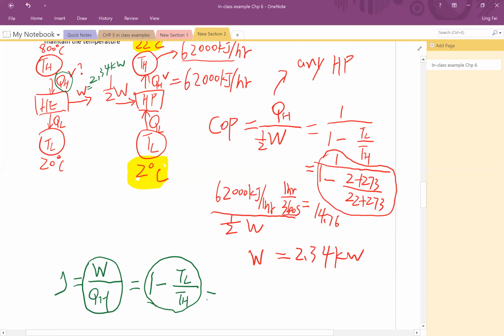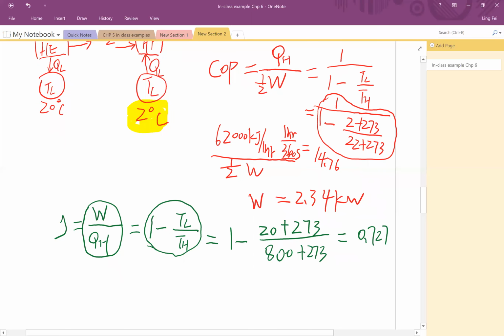So let's continue. You will have 1 minus TL over TH, again convert TL to Kelvin. Then you have 800 at higher temperature plus 273. This will give you around 0.727 if my calculation is correct.